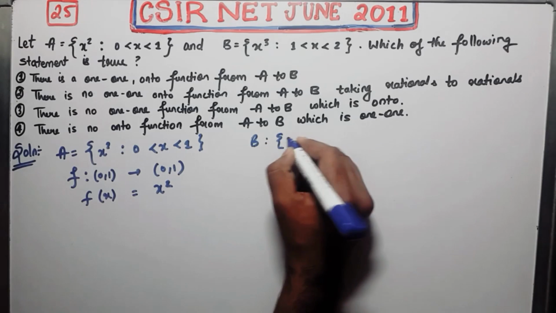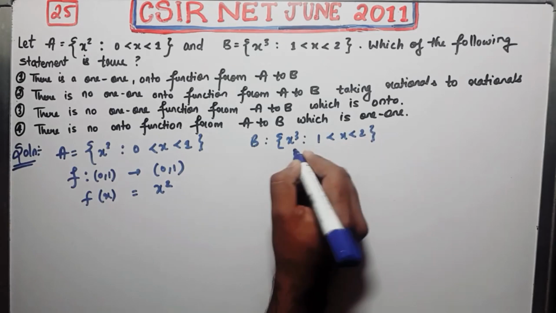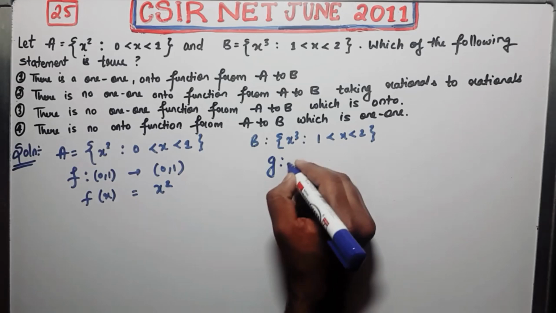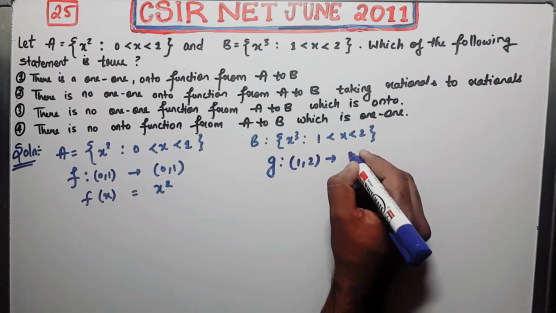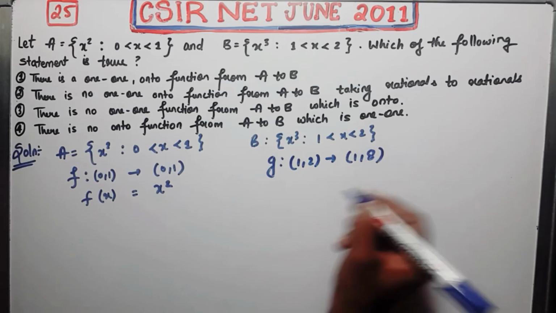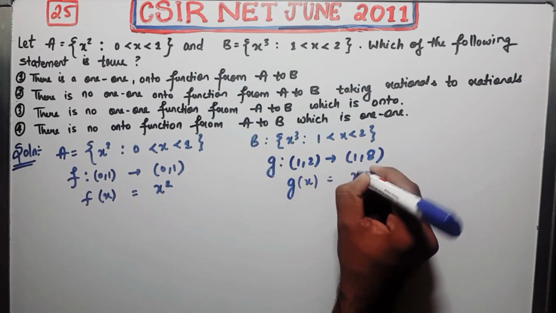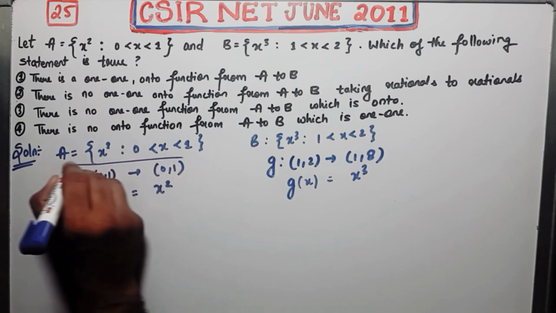B set says that x is between 1 and 2, then you will get x cube. Now take a g map from this given set (1,2) to (1,8), defined by g(x) = x cube. So you have these two maps, right?